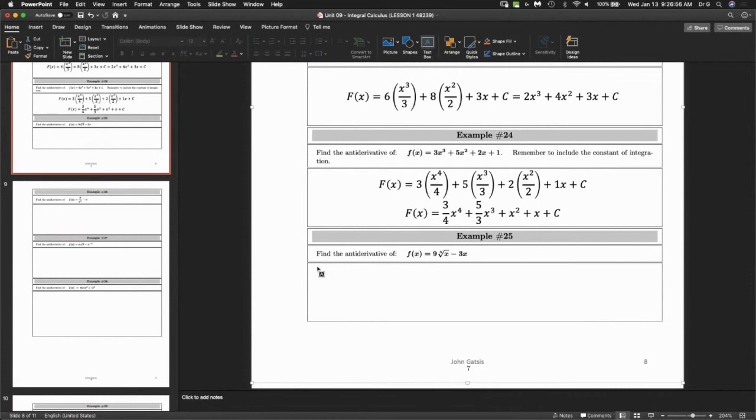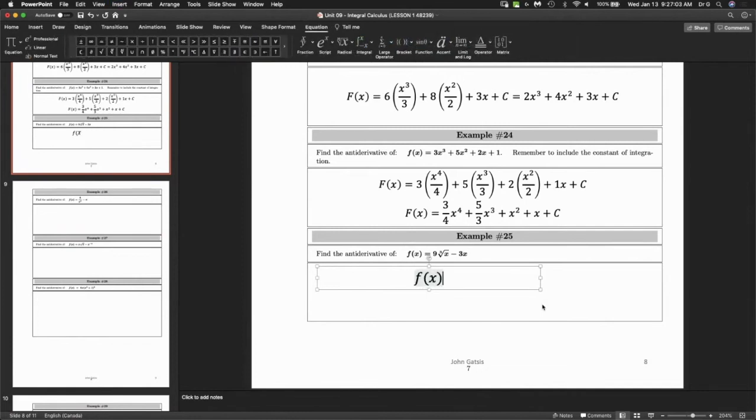So, question 25. Let's rewrite this as an exponent. What's x to the cube root here? What is the exponent for x for the cube root of x? Thank you, Jai.